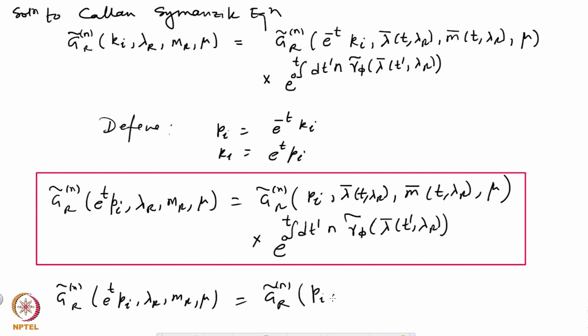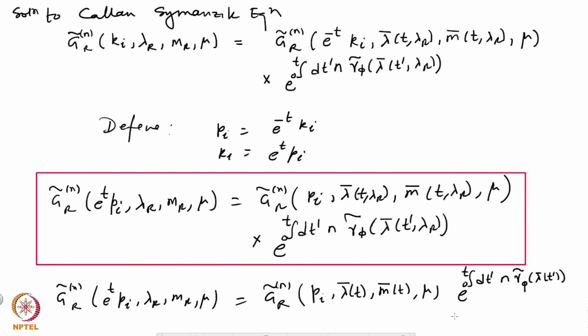Anyway, so Γ(λ̄(t), m̄(t), μ) e to the integral 0 to t dt′ n γ̃ φ(λ̄(t′)). Okay, that's the same equation with some suppression.